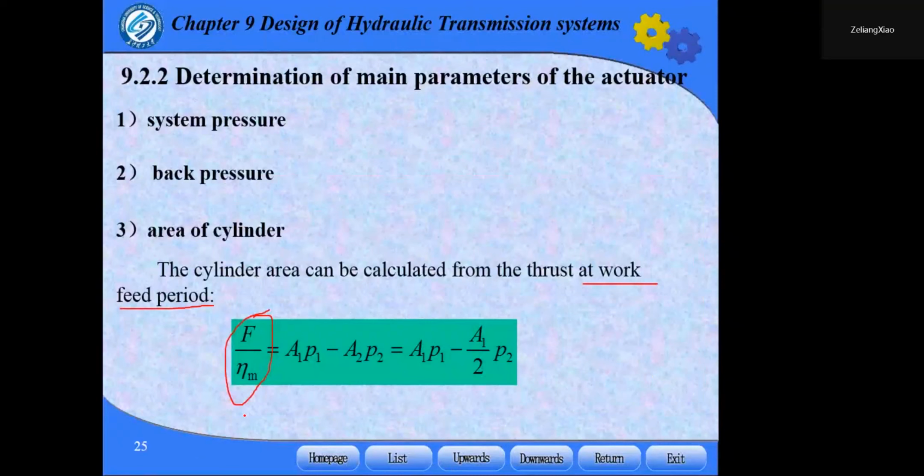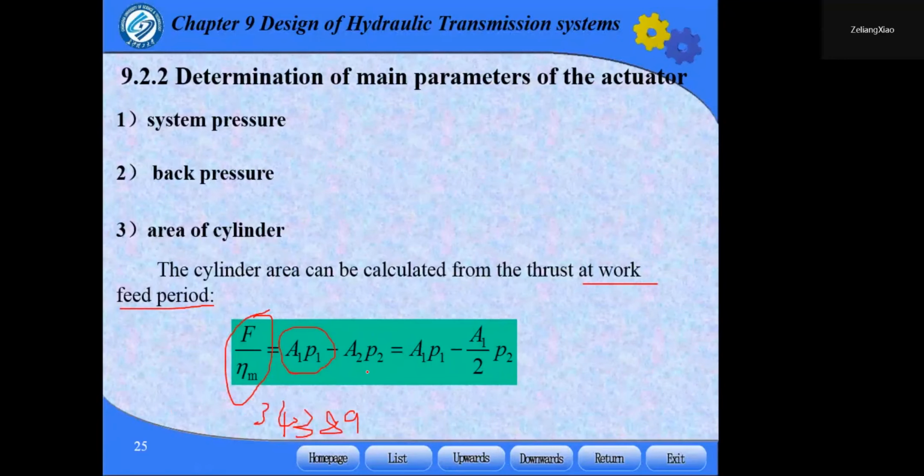So this one equals, in this period, this is the control for working pressure.